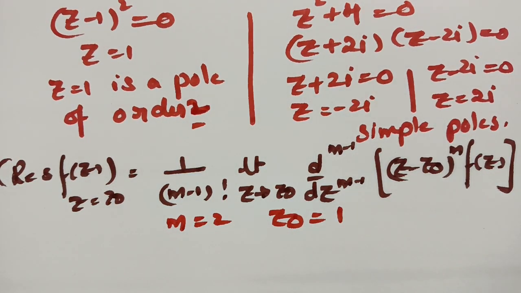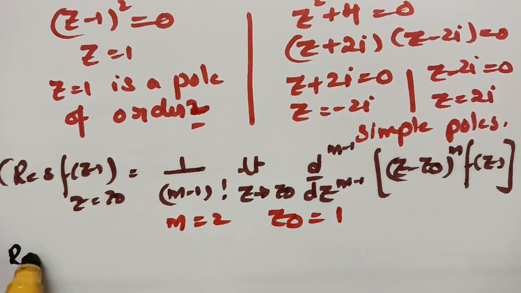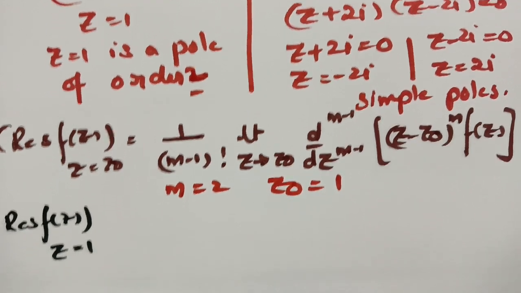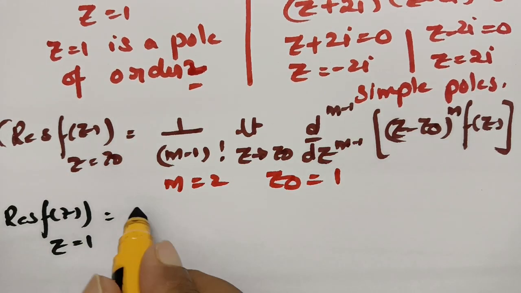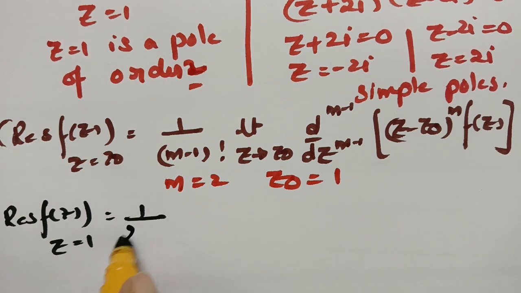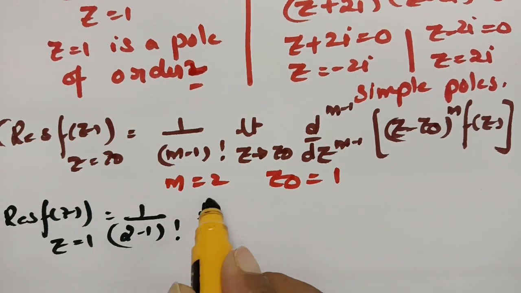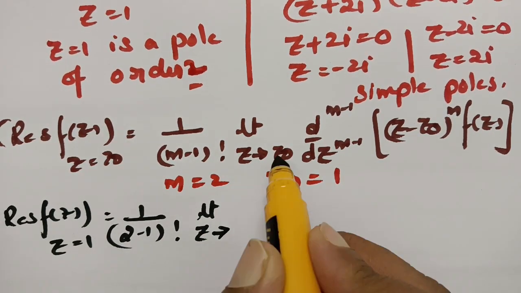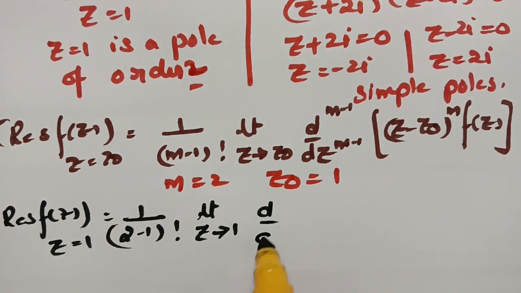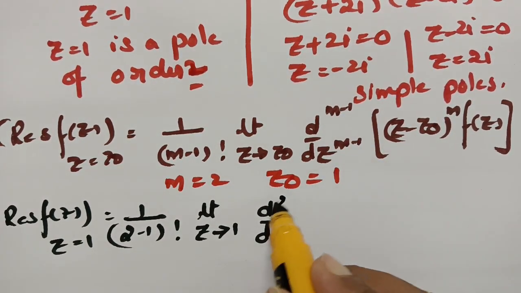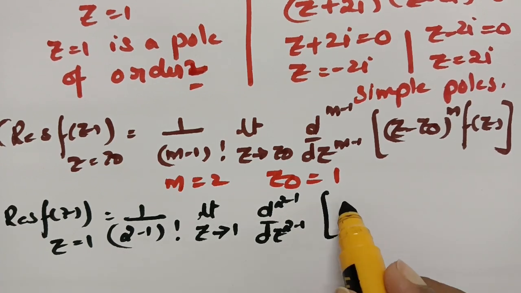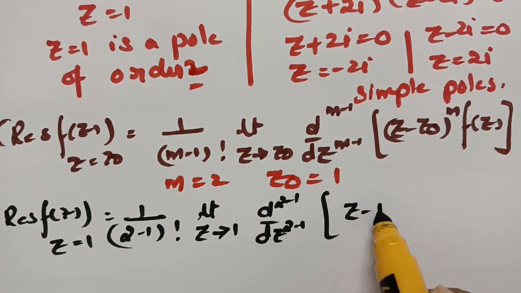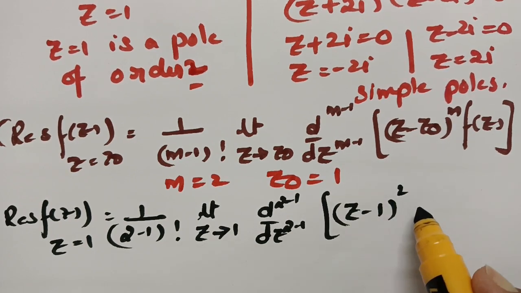If I substitute everything here, I'll get the residue value at the point z equal to 1. So, residue of f(z) at point z equal to 1 is 1 by (2 minus 1) factorial into limit z tends to 1 of d by dz power (2 minus 1) of (z minus 1) power 2 into f(z).